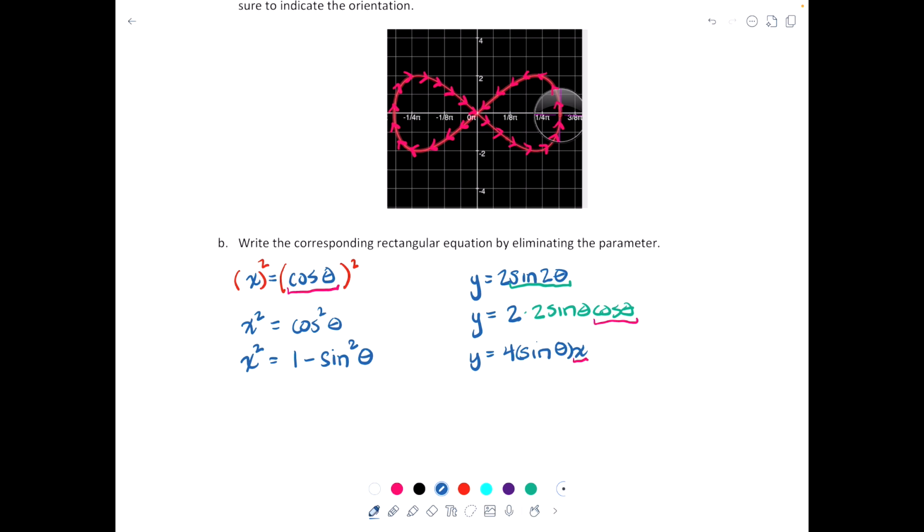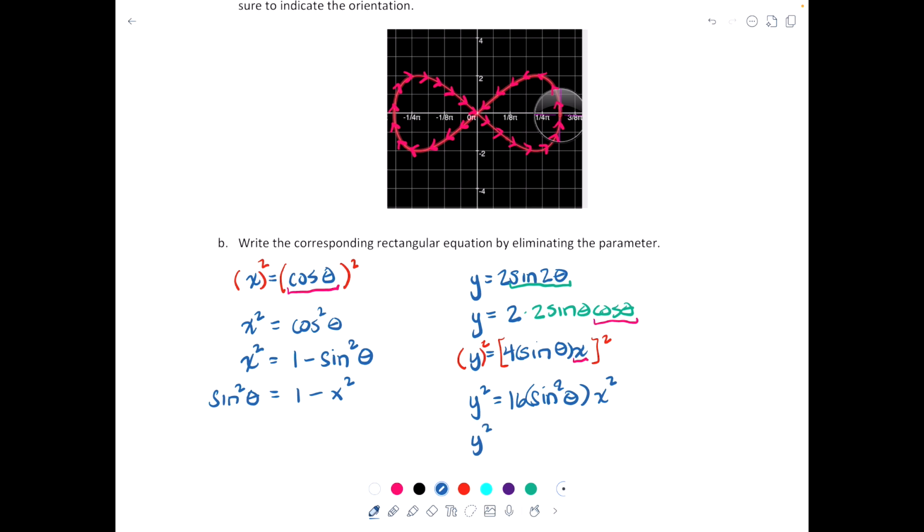And then isolating sine squared of theta, I'll get 1 minus x squared if I switch them around a bit using some algebra. Now all I need to do is square this other equation to get a sine squared of theta. So then I'll have y squared is equal to 16 times sine squared of theta times x squared.